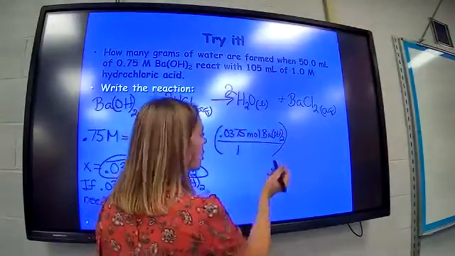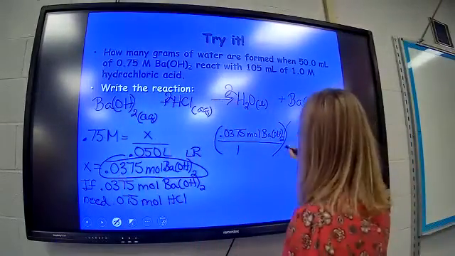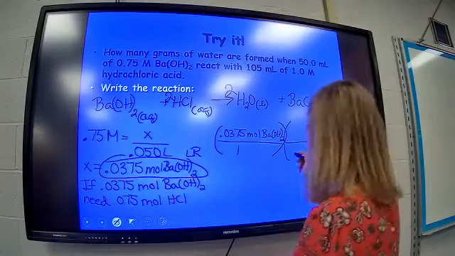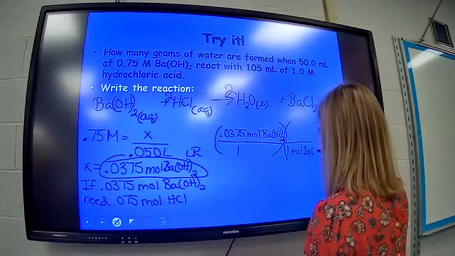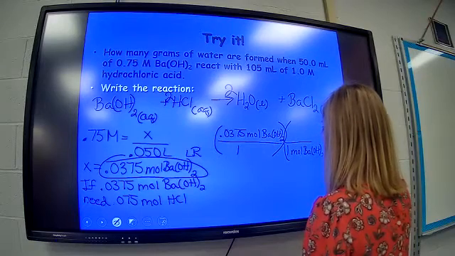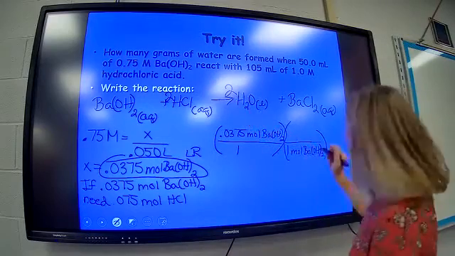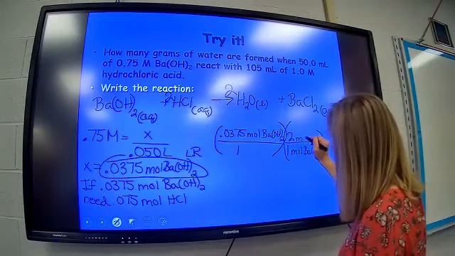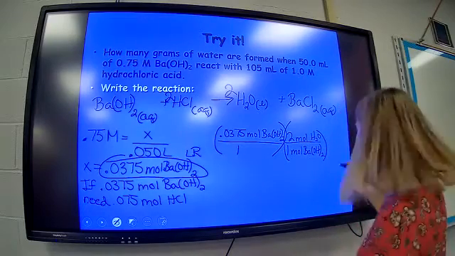And I just need to turn that into moles of water and then grams of water. So I use the mole ratio to turn that into moles of water, moles of barium hydroxide on the bottom. That has a 1 in front of it in the balanced equation. So 1 down there. Water has a 2 in front of it in the balanced equation. So a 2 up here. So the 1 mole of barium hydroxide produces 2 moles of water.